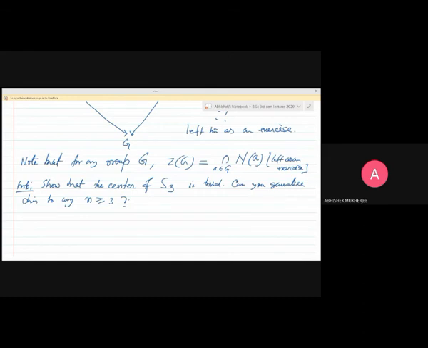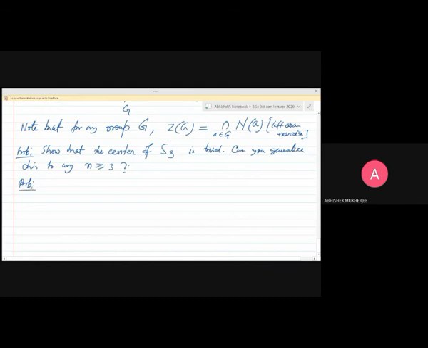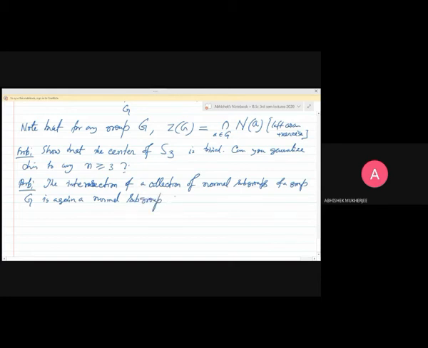Okay, so it is again a good problem. Another one is, can you show that the intersection of a collection of normal subgroups of a group G is again a normal subgroup of G?